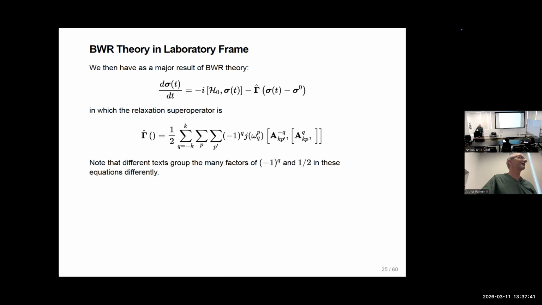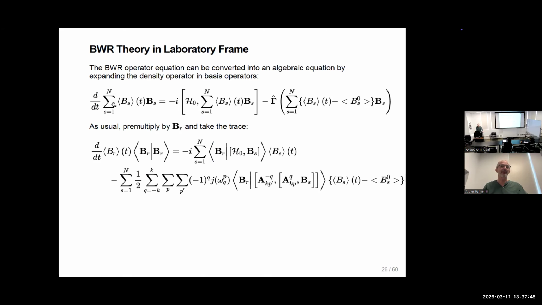And that's, of course, much easier to program on a computer if you want a computer to solve the equation for you. So I write the density operator as a linear combination of basis operators with some coefficients.